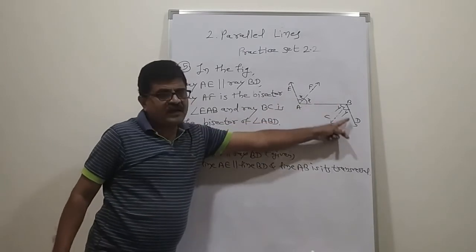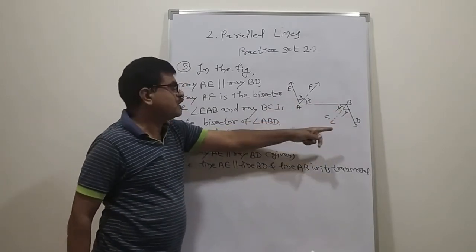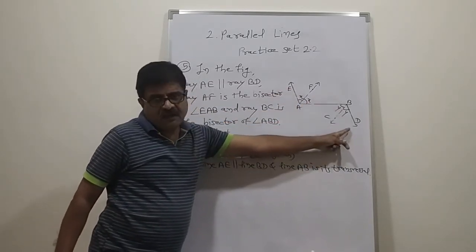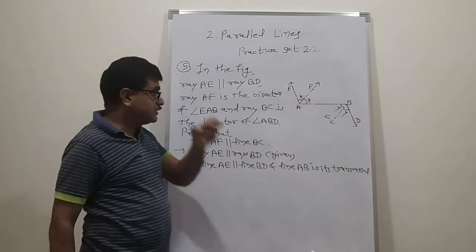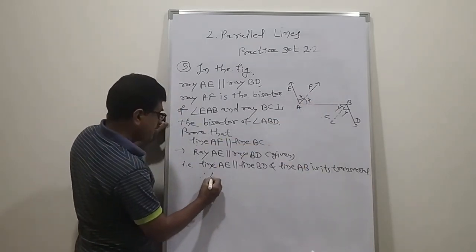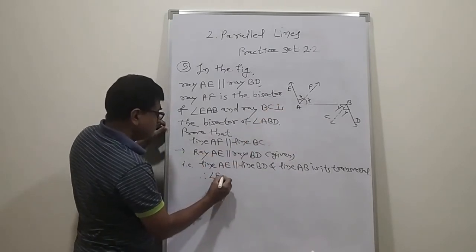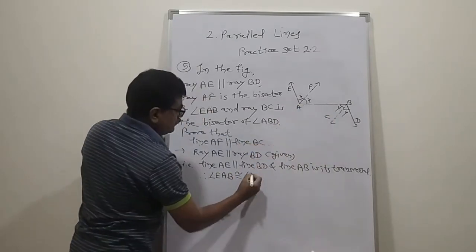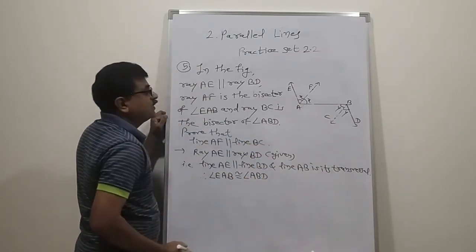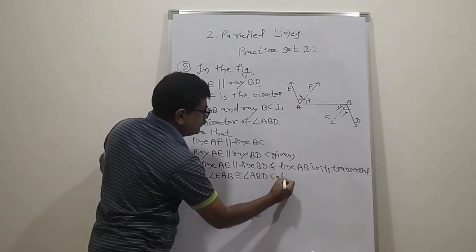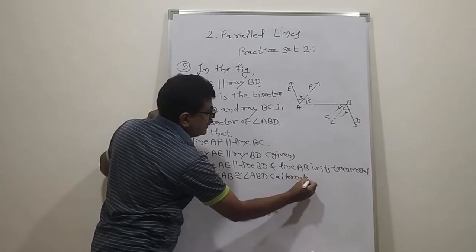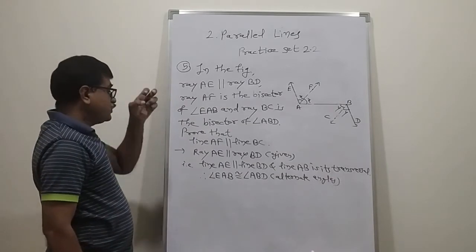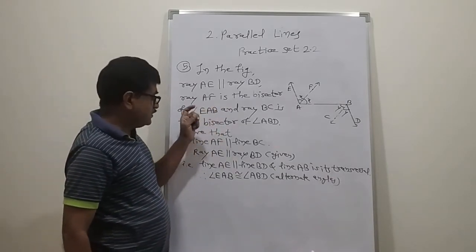Therefore, these two lines are parallel and AB is its transversal. Therefore, angle EAB is congruent to angle ABD, because these two are alternate angles. Write down in brackets: alternate angles.